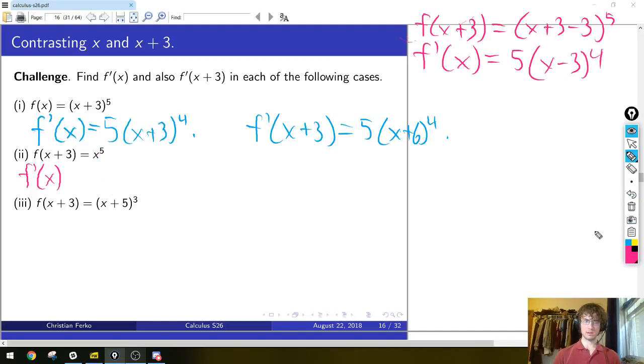I believe so. Yeah, true. But you should understand why that comes out, right? We're not memorizing the algorithm of replacing x by x minus 3. We should be able to understand why we're differentiating with respect to the quantity x plus 3. So, that's f prime of x. What is f prime of x plus 3?